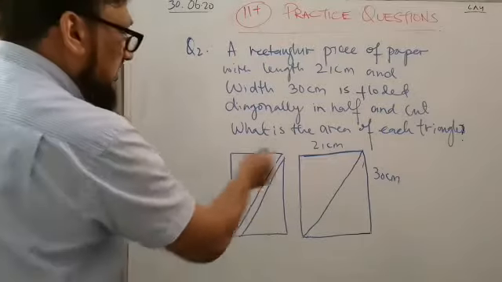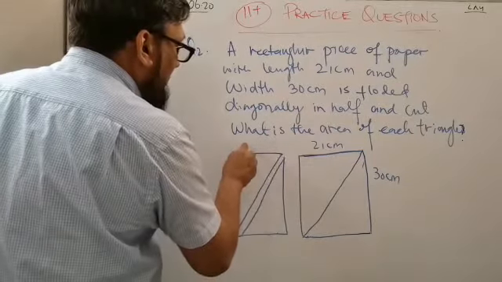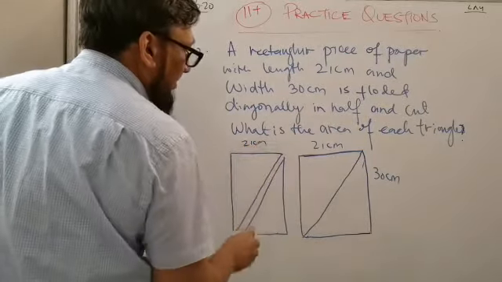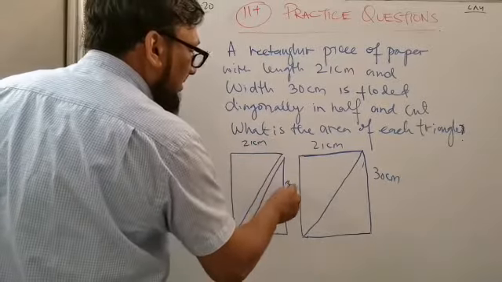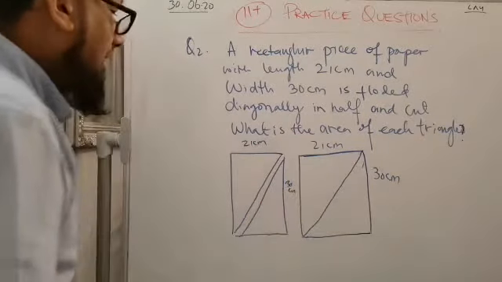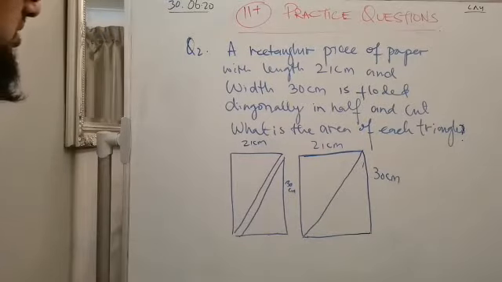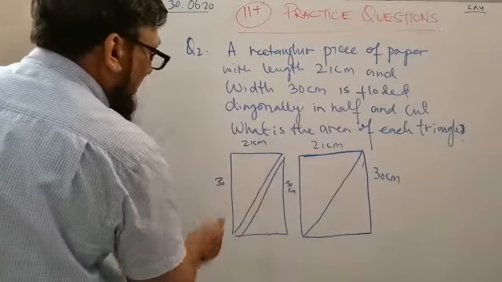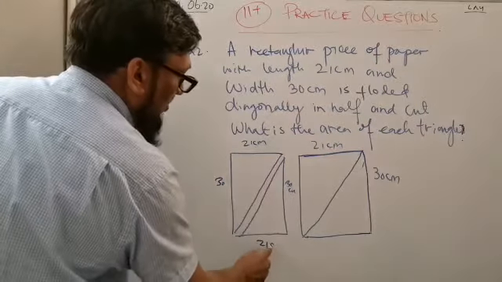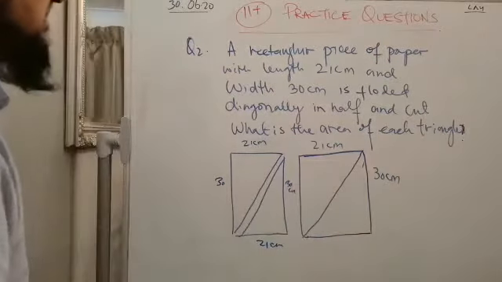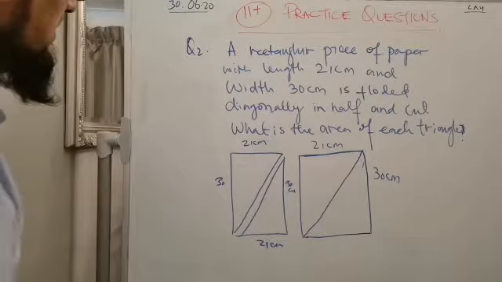And they are giving you, okay, the length is what? 21 centimeter and the width is 30 centimeter. And we need to find the area of each triangle. So this one 30, so this one 30 as well. This one 21, so this one 21 as well. So how we can work out? Very simple, okay?